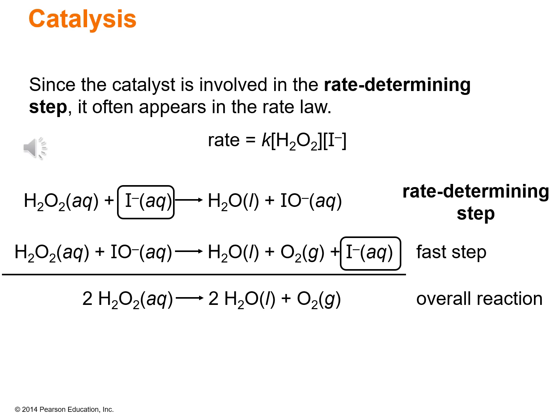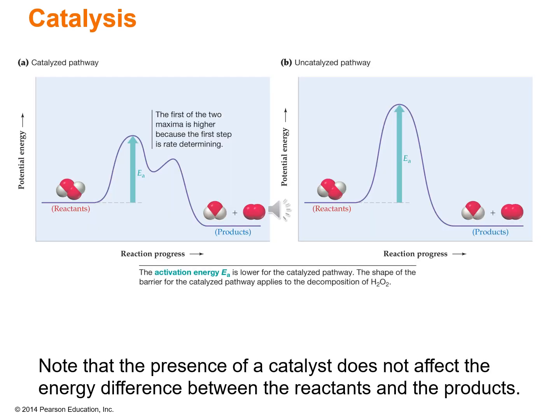Since the catalyst is used in the rate determining step, it is used in the rate law as well. Notice that the presence of the catalyst does decrease the activation energy, but does not affect the energy difference between the reactants and the products.